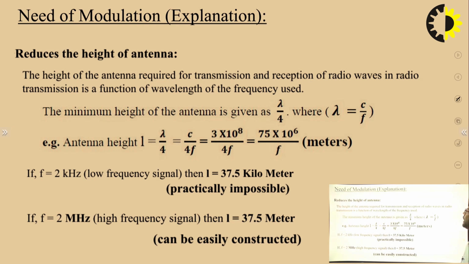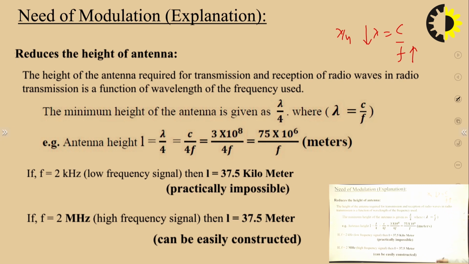So, reducing the height of the antenna. As I discussed earlier, I covered the case of the dipole antenna. Here I am considering the monopole antenna, because a monopole antenna is just half of the dipole antenna, so it is lambda by 4. As we know, c by f, if the frequency increases, wavelength will decrease.